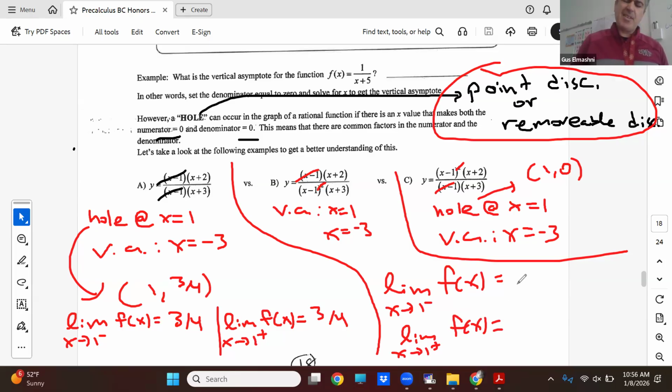Yeah, what is that exactly going to be? That's going to be negative infinity and positive infinity. In that case, it's a vertical asymptote when that happens. So that's how you can tell. It's all about the limits. Why you get a hole, why you don't get a hole, all comes down to the limits.